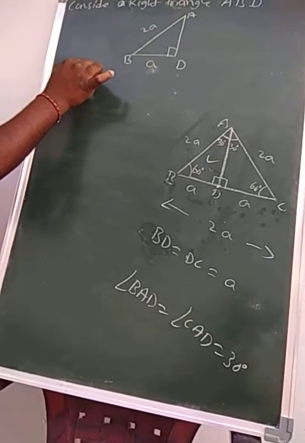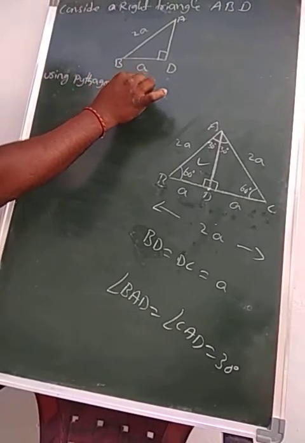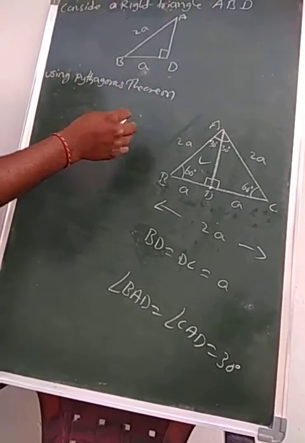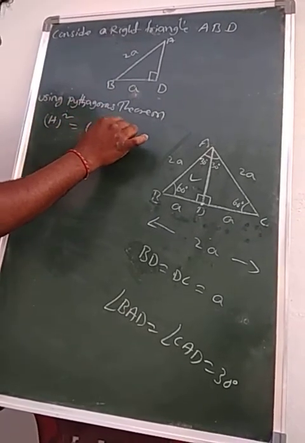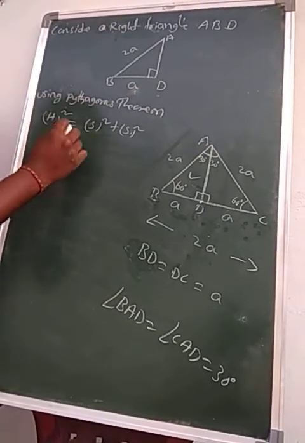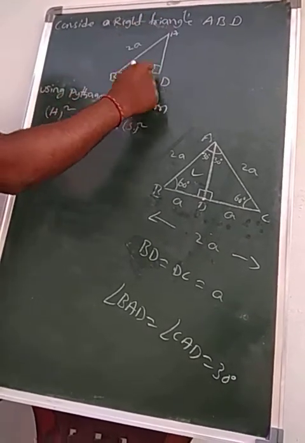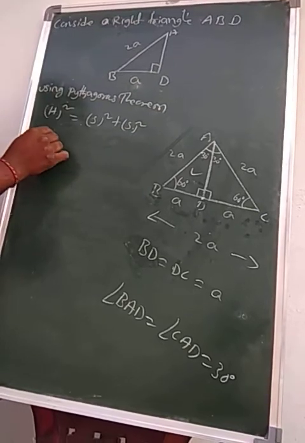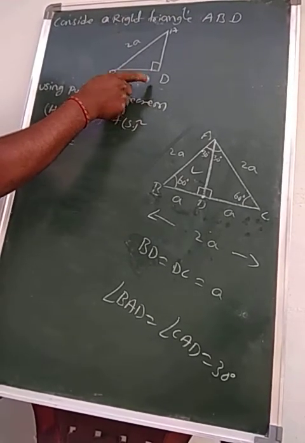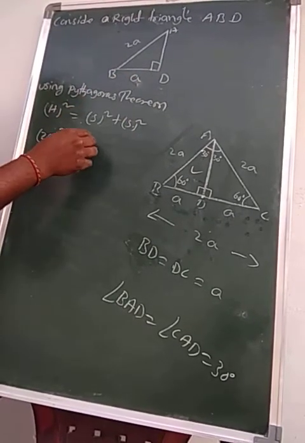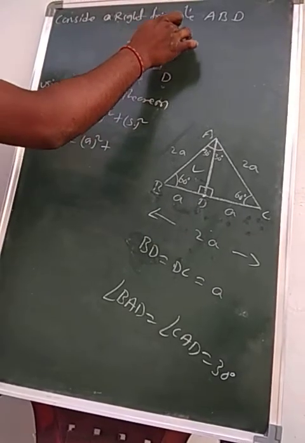the square of the hypotenuse is equal to the sum of the squares of the other two sides. In triangle ABD, AB is the hypotenuse, that is 2A whole square is equal to one of the sides, A whole square, plus another side, AD.